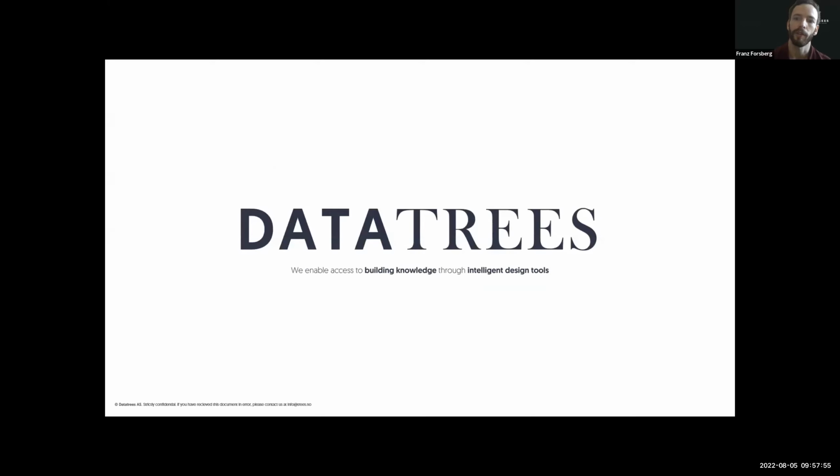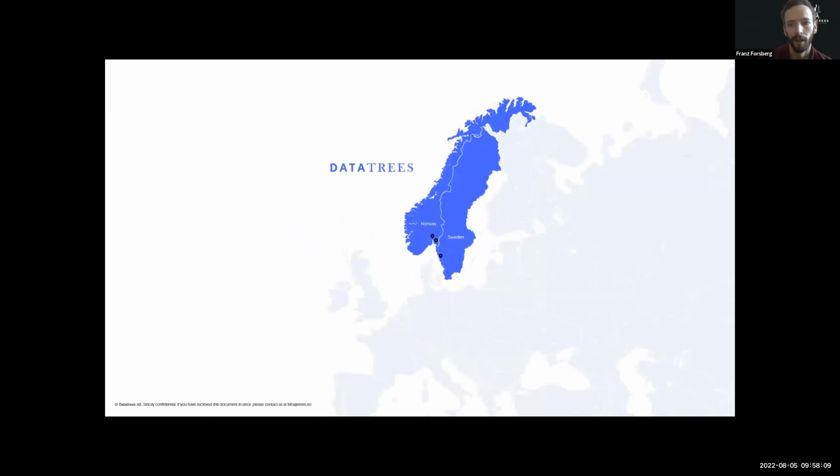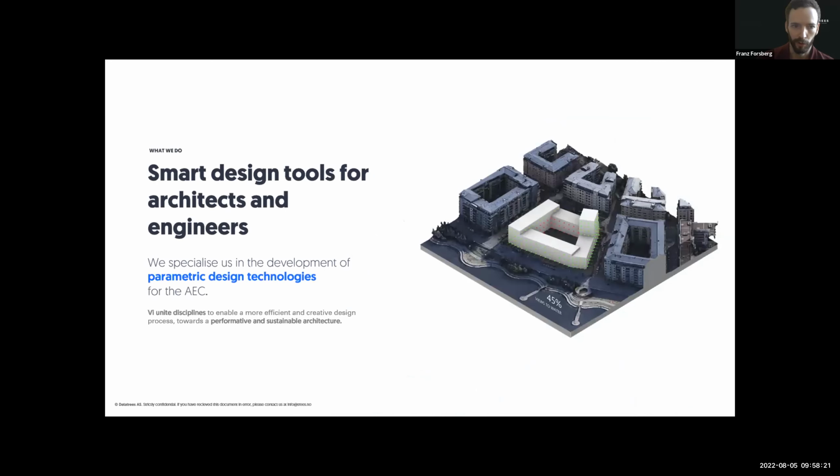So we started the company Data Trees to solve some of this frustration and to deliver our solutions to a broader audience than just that specific architectural office. We are at the moment based in Norway and Sweden, but we are of course interested in helping any designer around the world. What we do, very shortly, is we develop design tools within parametric design.